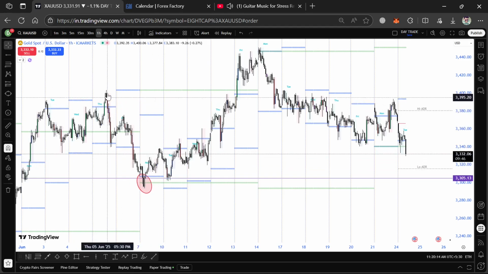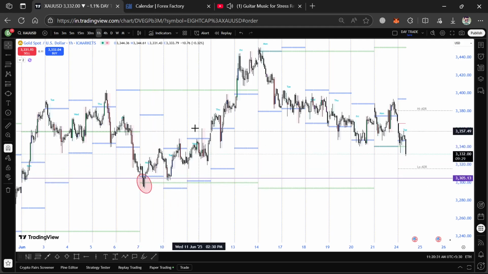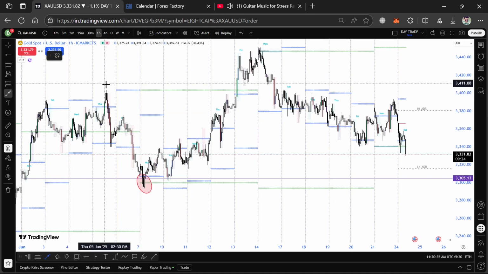As you can see, the market was dumping very hard like this, boom boom, and the next week opens, and the low of the last week gets triggered. Short traders and breakout traders also get triggered, and then the market pulls back. So let me guess where the stop losses are.